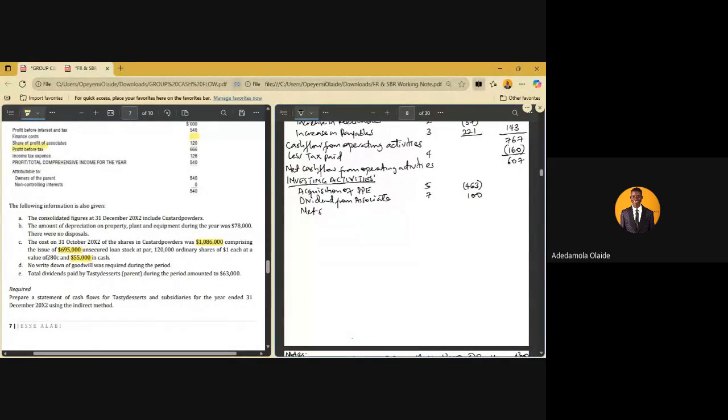Net cash acquired 48. It will be an outflow because we overpaid. We paid more than the cash we acquired.